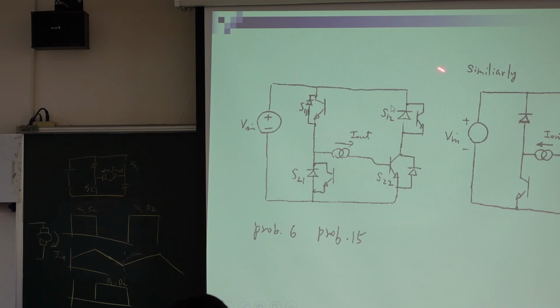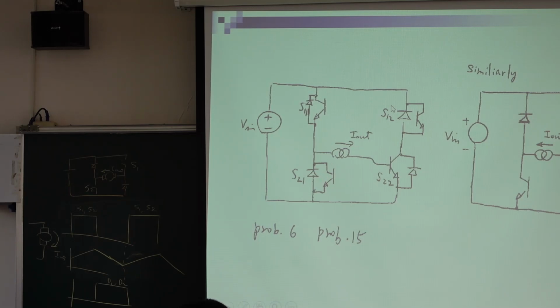You have to design this circuit. Then you can go this way, you can go this way, so the current can go positive, the current can go negative, so you can go forward or backward.